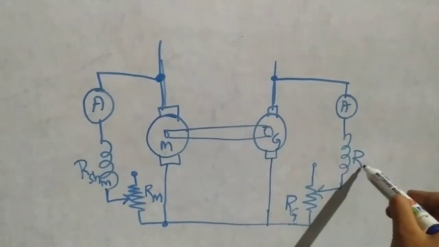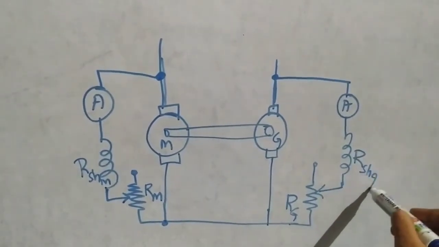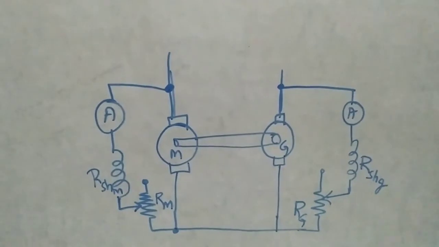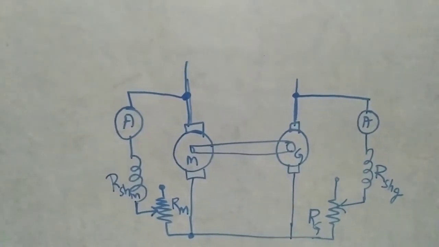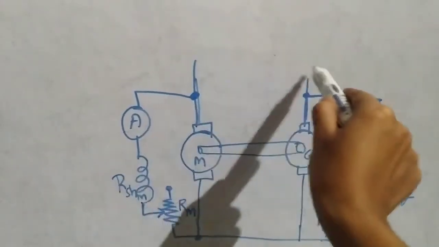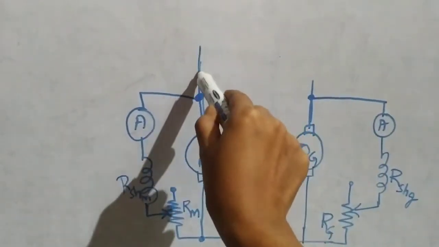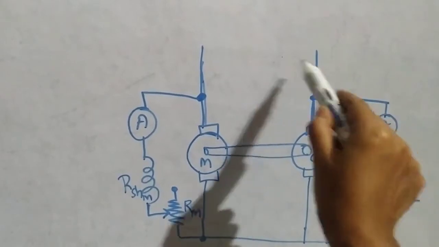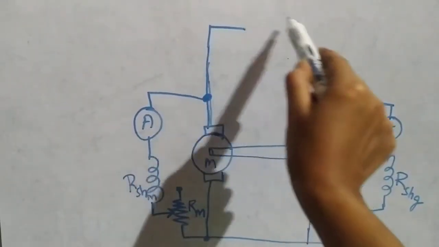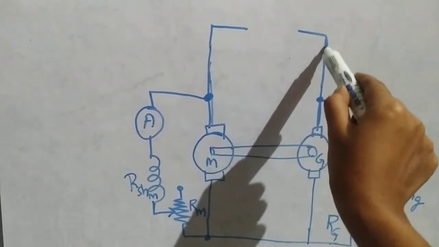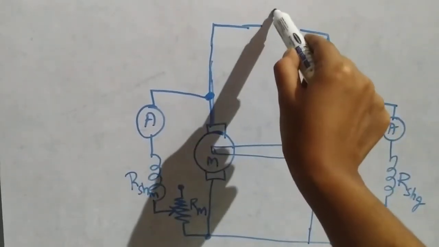And this is the shunt of this generator. So till here you have followed. Now, as I told, I have to connect it in parallel to this. I am not going to connect it directly in parallel; I am going to make use of one switch.